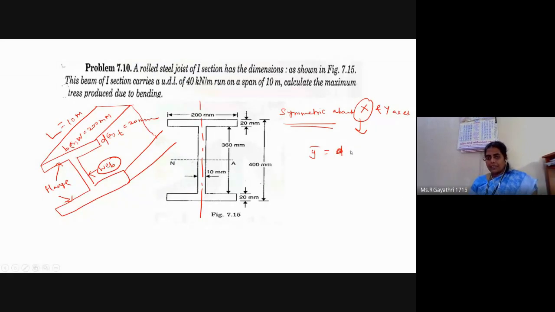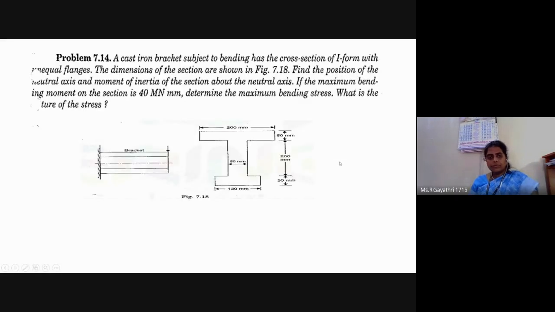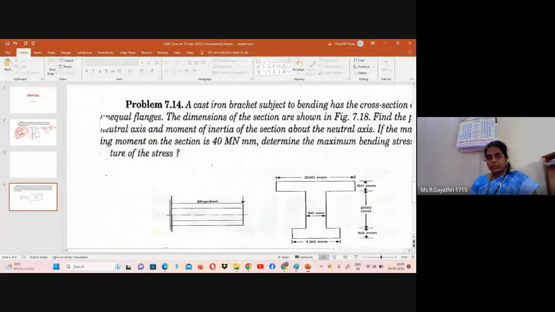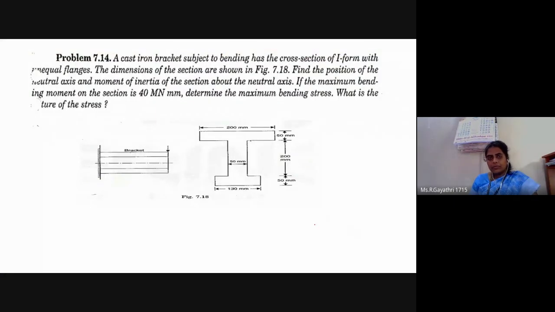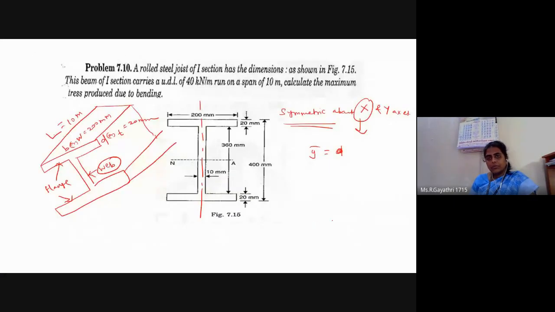Symmetric about x axis means y bar is equal to total depth by 2.